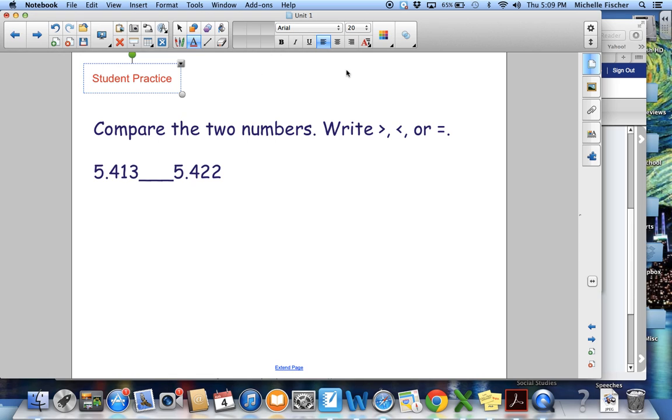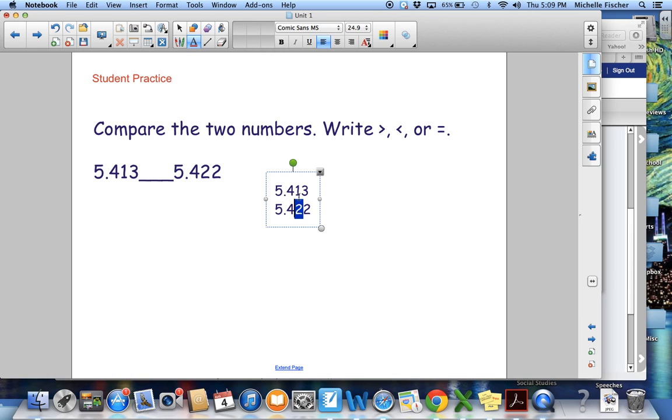All right, you should have followed the same steps that we did before, which is to first start by lining up the decimals. 5 and 413 thousandths lined up with 5 and 422 thousandths. See how they're perfectly aligned? We start with our number to the left. We have 2 5s, so we go to step 2 and we find the first place value that has 2 different numbers.